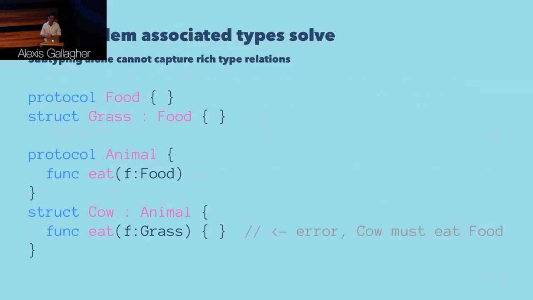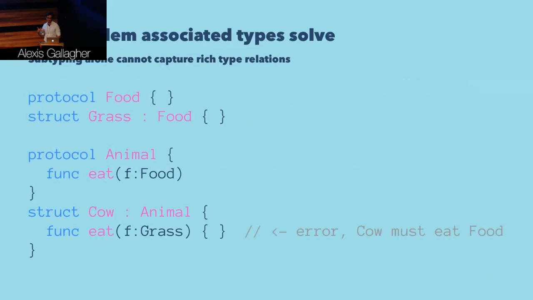So what is the problem that associated types solve? It can be used for a number of things, but I think a good way to get at it is to say that what associated types do is they solve problems where you can't represent type relationships through the tools that you have with normal object-oriented programming-based subtyping.